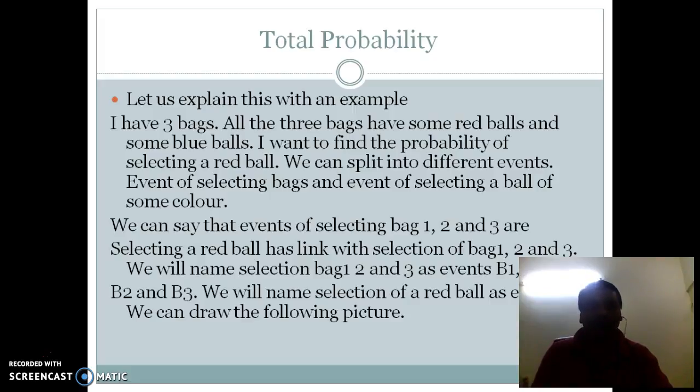Selecting a red ball has a link with the selection of bag 1, bag 2 and bag 3. We will name the selection of bags as B1, B2 and B3. We will name the selection of a red ball as event A. We can draw the following picture.